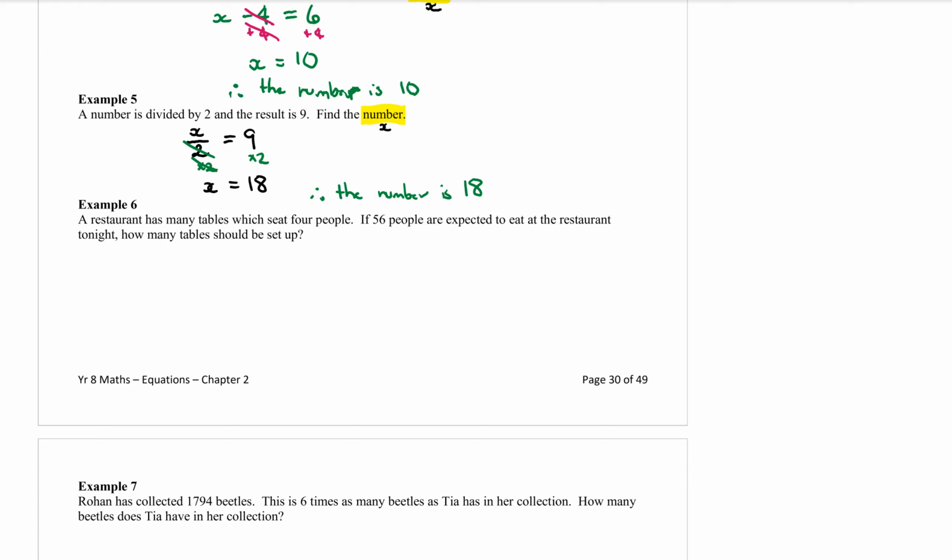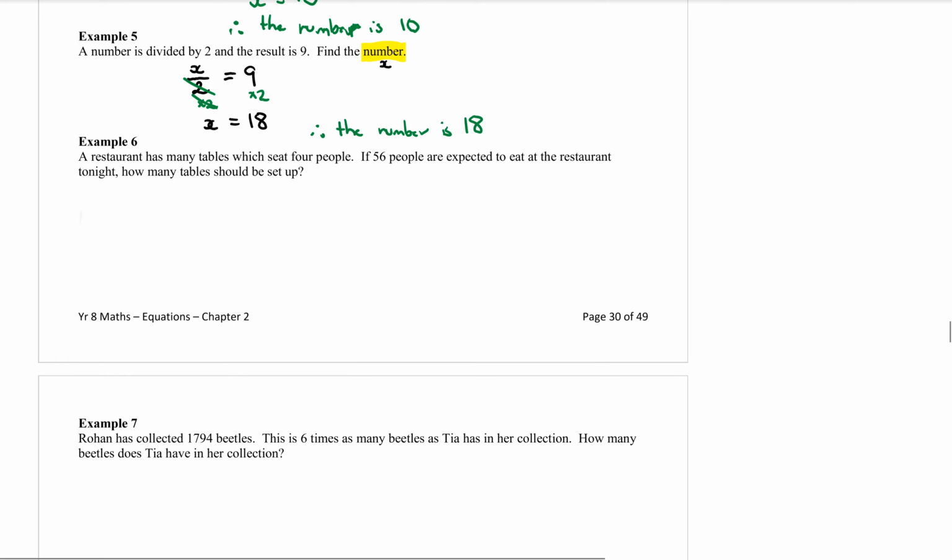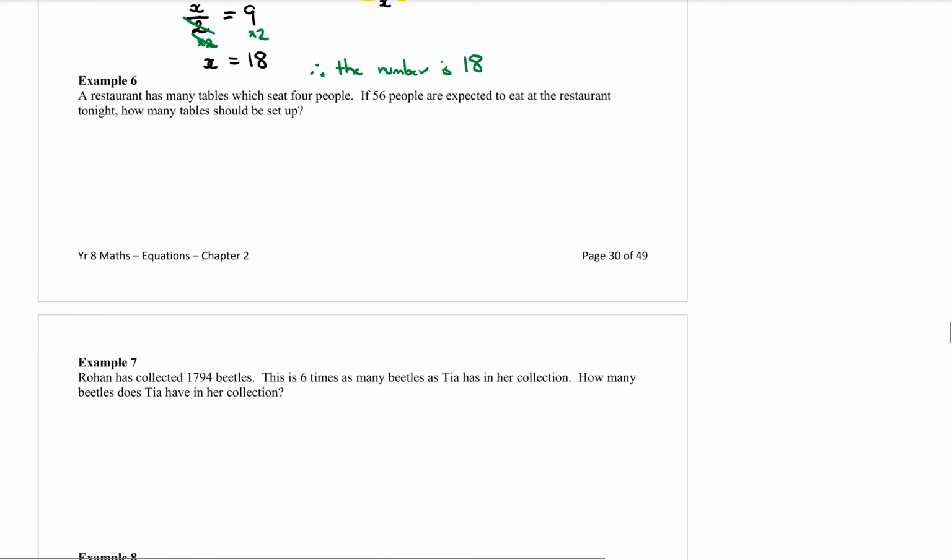Question 6. A restaurant has many tables which seat 4 people. If 56 people are expected to eat at the restaurant tonight, how many tables should be set up? Okay, so if each table seats 4 people, we want to know how many tables we need, because that's what we're trying to find.